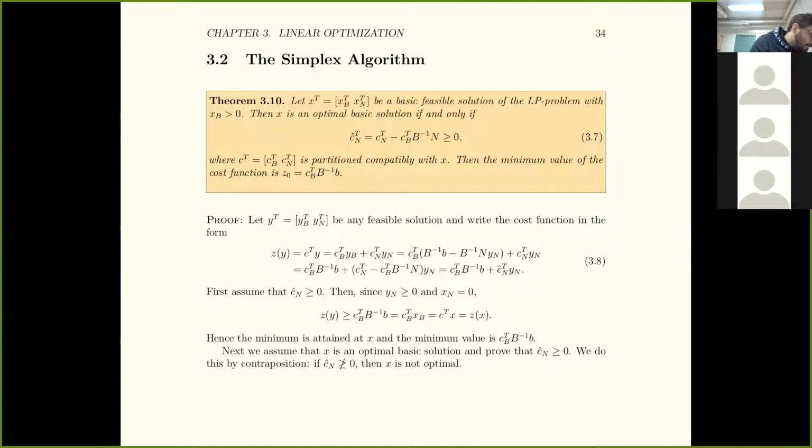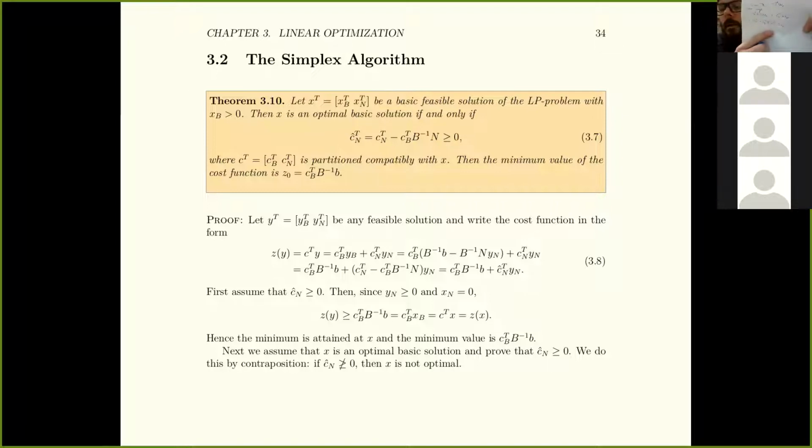So what I will have now here is minus Cb transpose B inverse N delta XN, plus Cn transpose delta XN, right? So this is what I have. And I'll just take the delta XN as a coefficient here. Rearranging this, I get Cn transpose minus Cb transpose B inverse N. That is our cost part times delta XN.